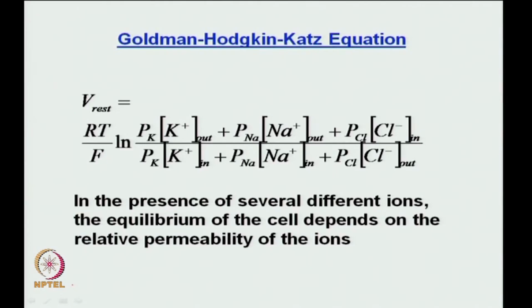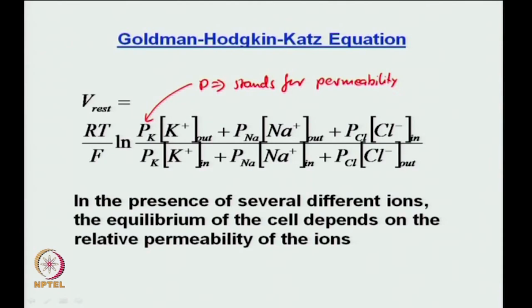P stands for permeability. So, P_K would be the permeability of the potassium ion, P_Na would be the permeability of the sodium ion, and so on. Okay. Now, the concentration of K plus out means outside the membrane.